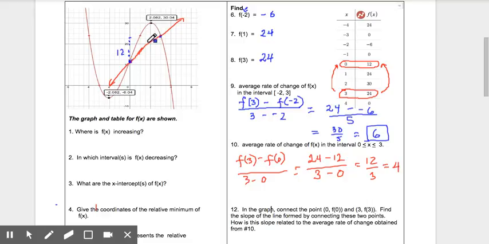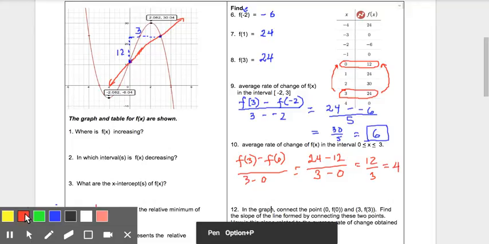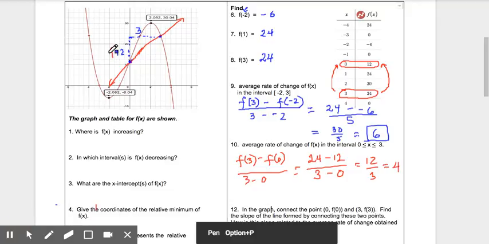And then we will go to the right. And to go to the right, we are starting at 0. We go all the way to 3. So 0 to 3 is 3. So that means we went up 12 and go to the right 3.